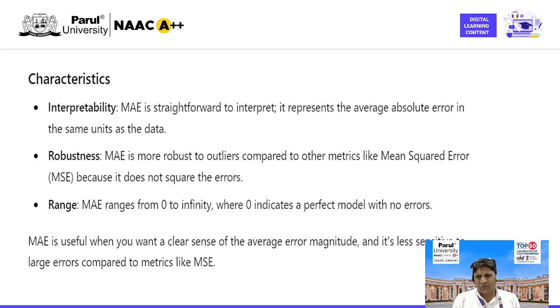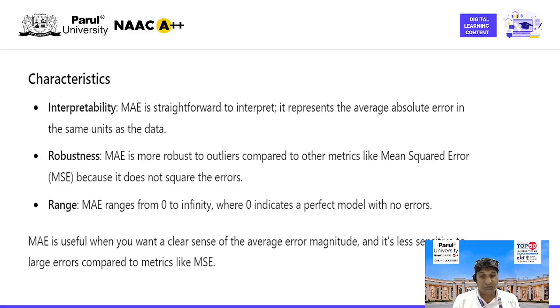Now the use cases where we can use the MAE model to predict values in a regression model. MAE is useful when you want a clear sense of the average error magnitude.